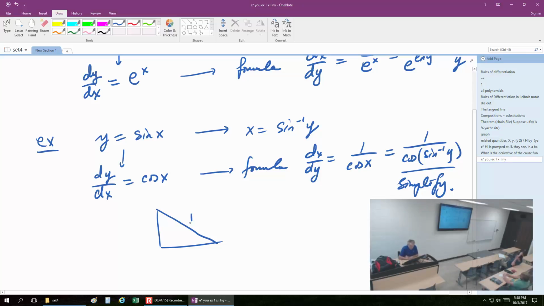What I'm trying to do is express cosine x in terms of y.